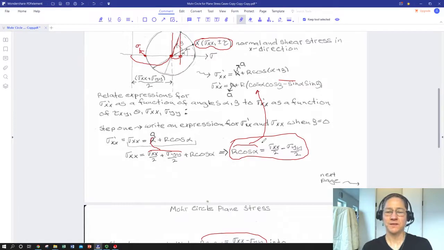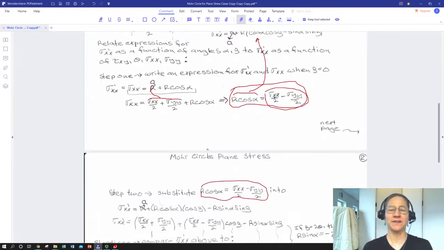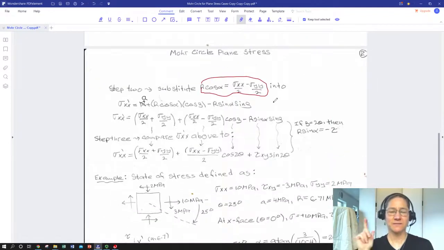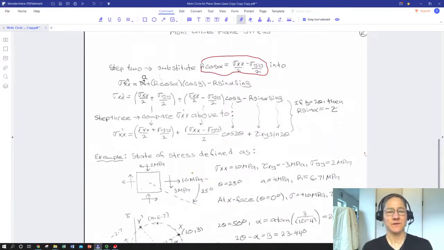We're going to take this expression for r cosine alpha and plop it into our trig identity altered expression for normal stress on the tilted plane. So here we go. Now we've substituted. We've written A out in terms of its definition. Here's our r cosine alpha, still multiplied by cosine beta. And now we've got our r sine alpha sine beta term left.